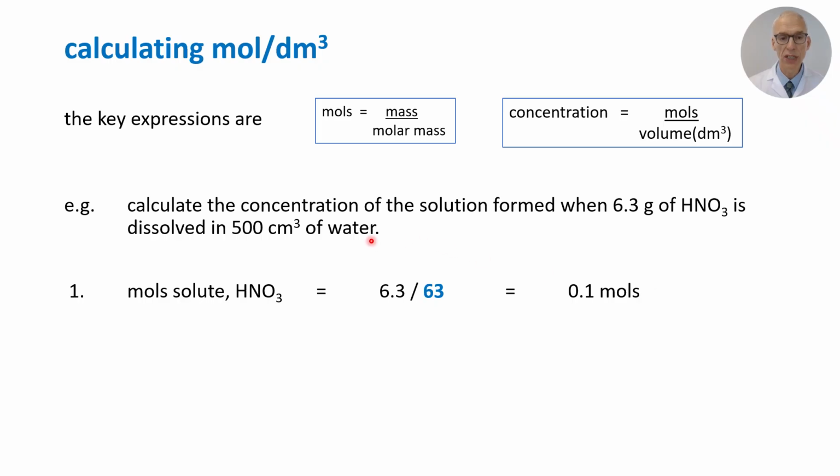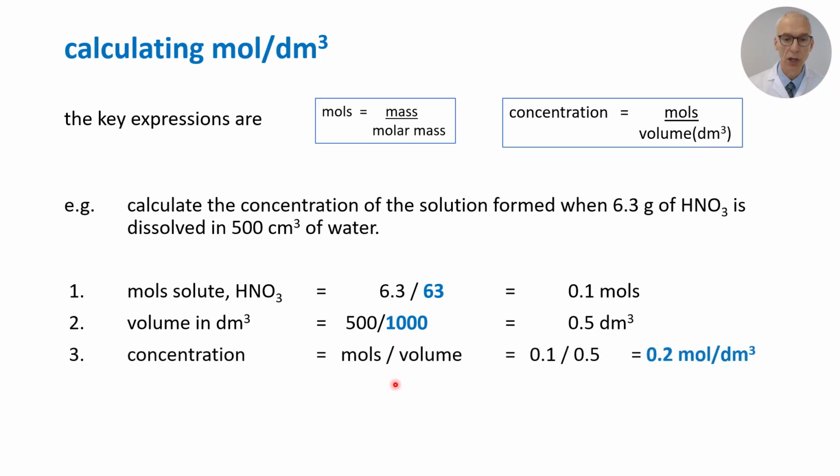But we also need to convert the volume, 500 centimeters cubed, into decimeters cubed. So 500 divided by 1000, 0.5 decimeters cubed. Now, our concentration is, of course, moles divided by volume. So 0.1 divided by 0.5 comes to 0.2 moles per decimeter cubed.